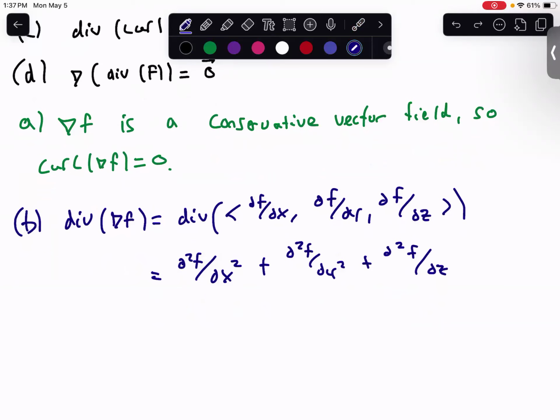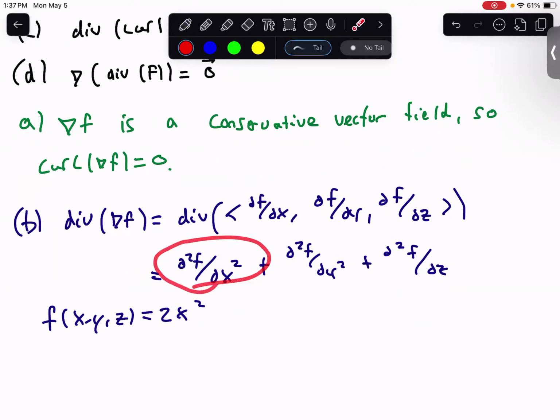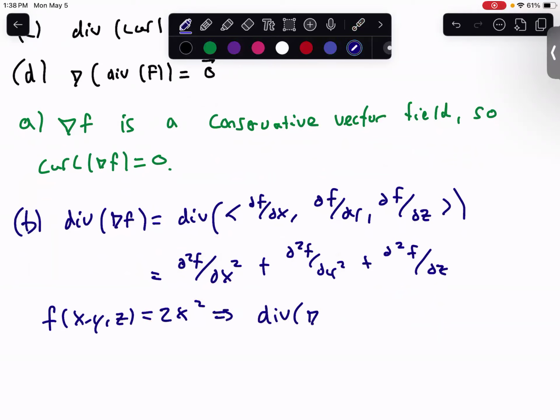So for instance, if we had f of x, y, z equal to 2x squared or something like this, the second order partial derivative of f with respect to x is still going to be non-zero. This will just be equal to 4. So the divergence of the gradient of f is just going to be equal to 4, which is not equal to 0. So this isn't always equal to 0.